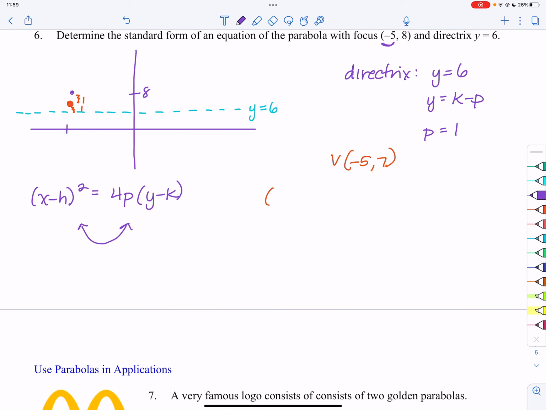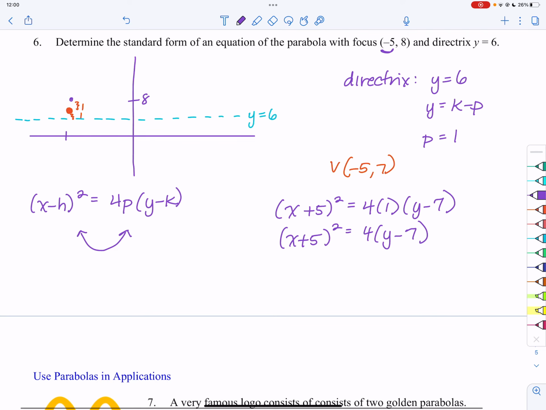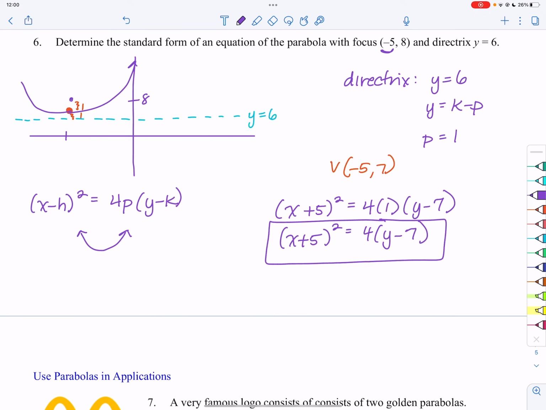And we can go ahead and fill this in. So we have (x plus 5) squared is equal to 4, because 4 times 1 is 4, times (y minus 7). And then I can just go ahead and sketch this like that.